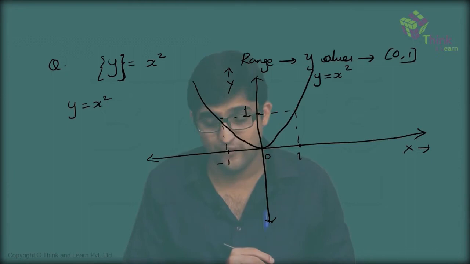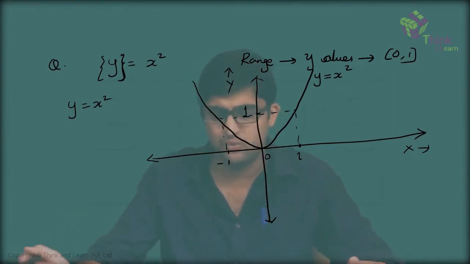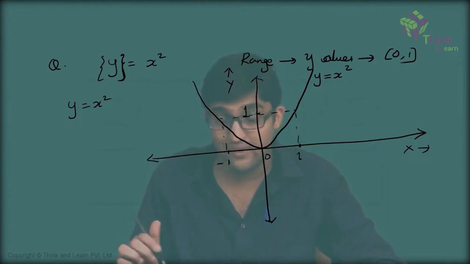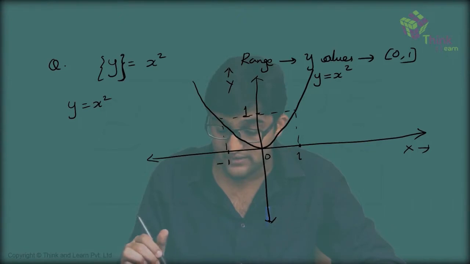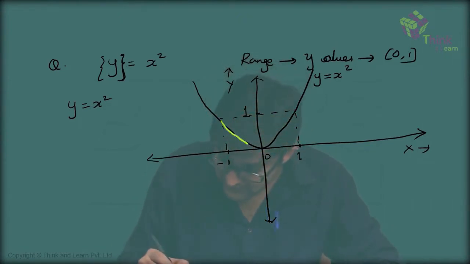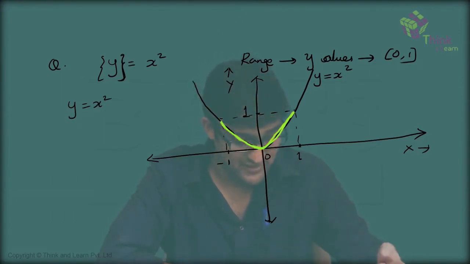Now the point what we told earlier is the range of this function should always be between 0 to 1. Just use that. Here whatever is exceeding the values after 1 and after 0, you should not consider it. So the function between 0 to 1 will be the value you are looking at. That's all. So the answer will be this blue part which is curved. This will be the curve of the function.